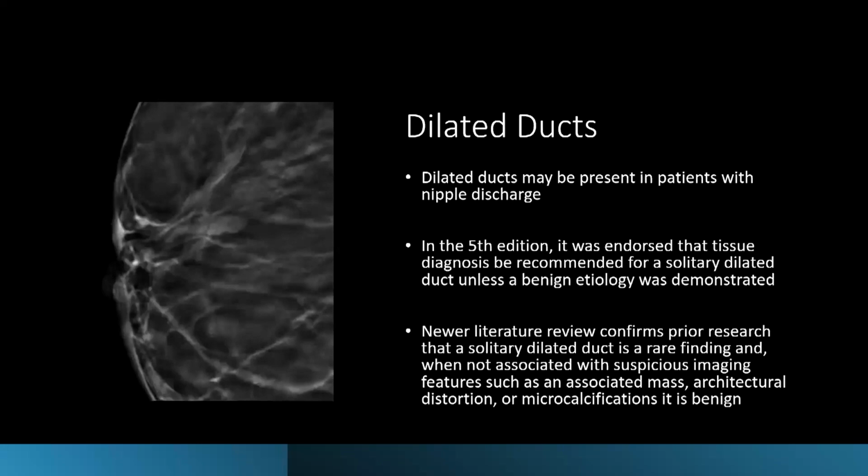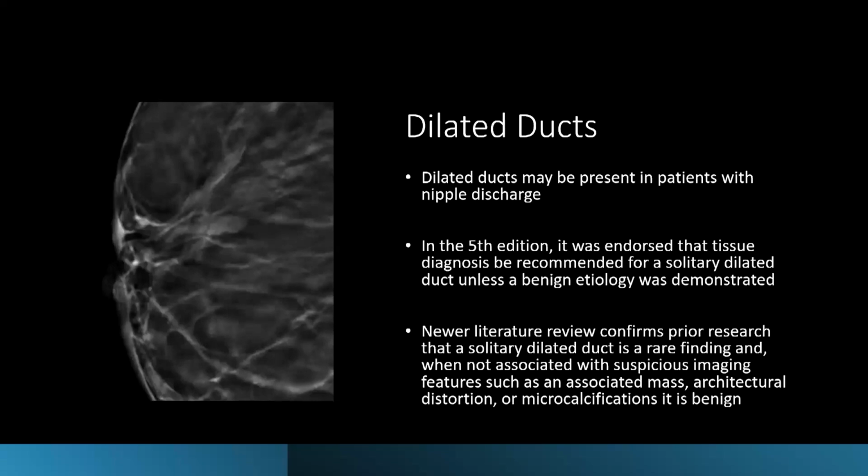What about dilated ducts, where they may be present in patients that have nipple discharge? In the 5th edition of our atlas, it was endorsed that if you have a solitary dilated duct, if you don't have a benign etiology, then tissue diagnosis is recommended. Newer literature also confirms that a solitary dilated duct is usually pretty rare.